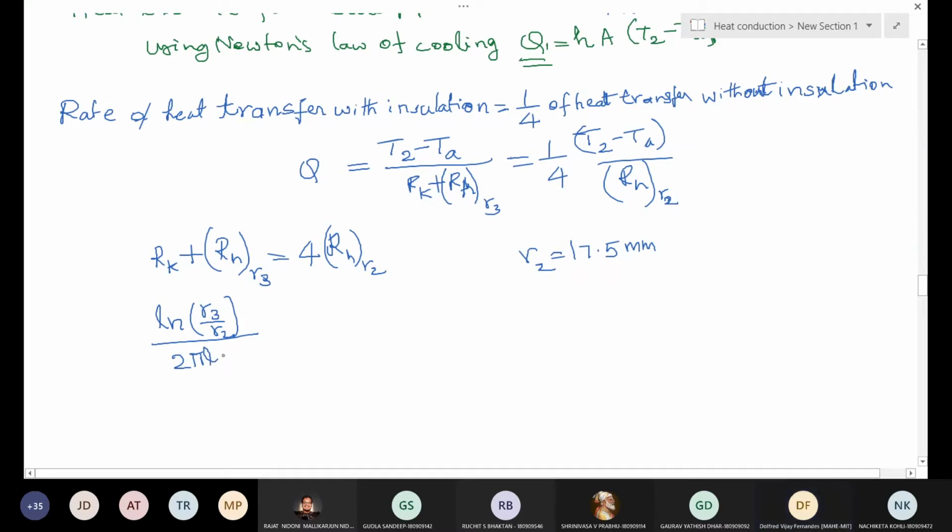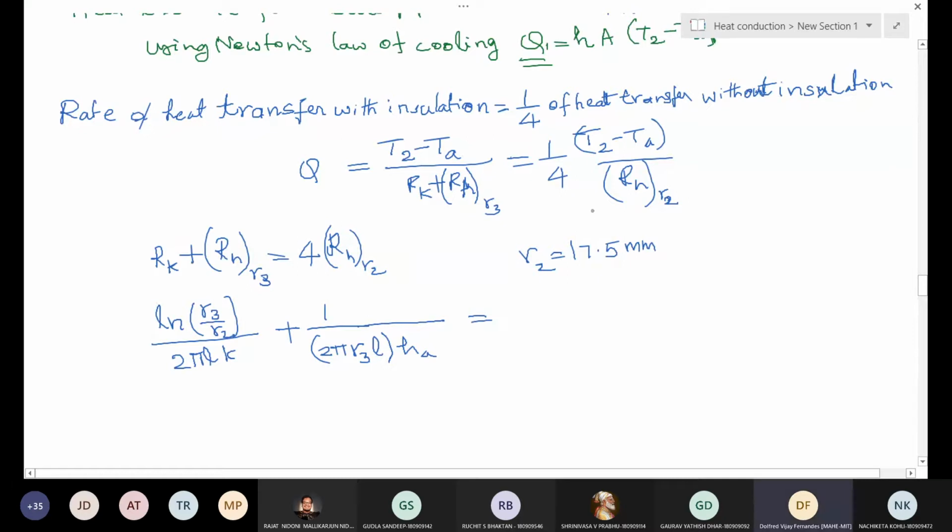L, then we have thermal conductivity K, plus what is the convective resistance? 1 by HA. What is the area here? Now R3 is the radius, so area is 2 pi R3 L. R3 is the radius after insulation. Then H, HA.